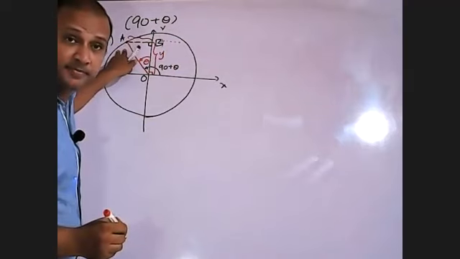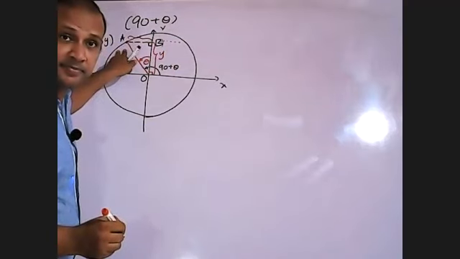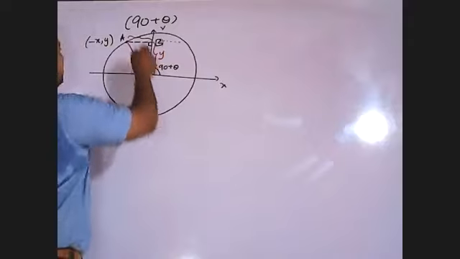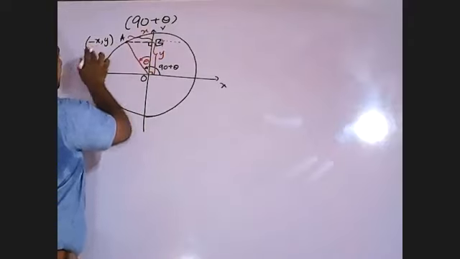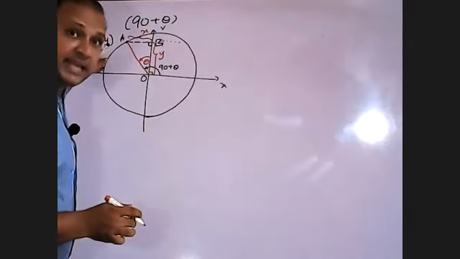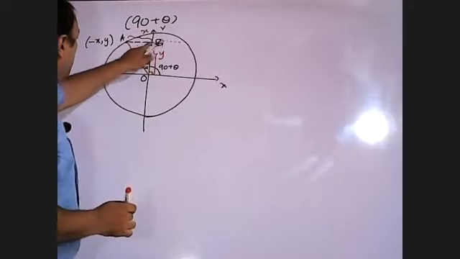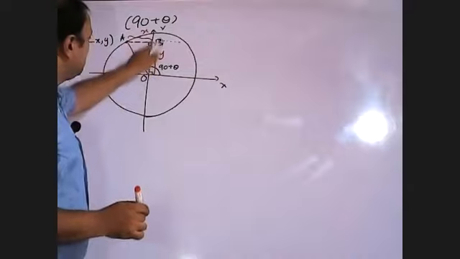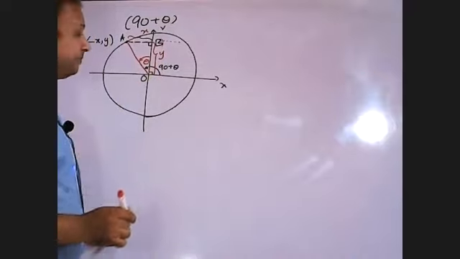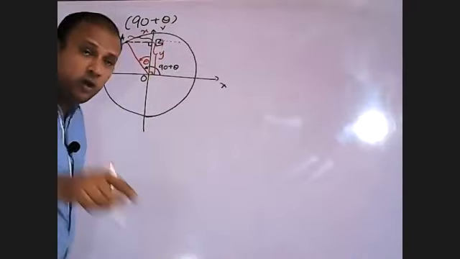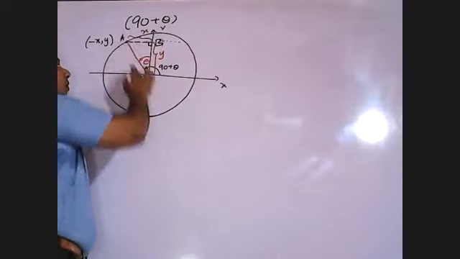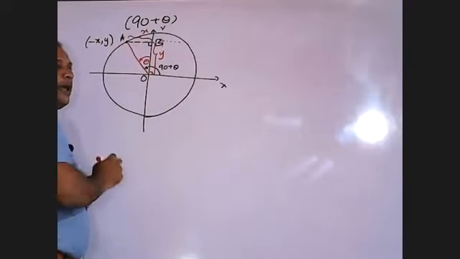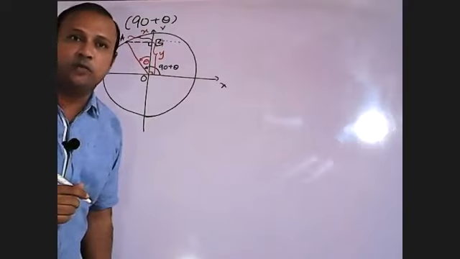AB length? Yes, x. Because the Cartesian coordinate of point A is minus x comma y, the length should be equal to x. This length should be equal to y. And you know the length of OA. How much? You know that one.